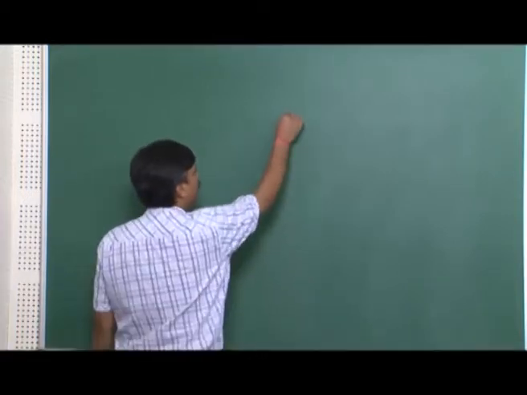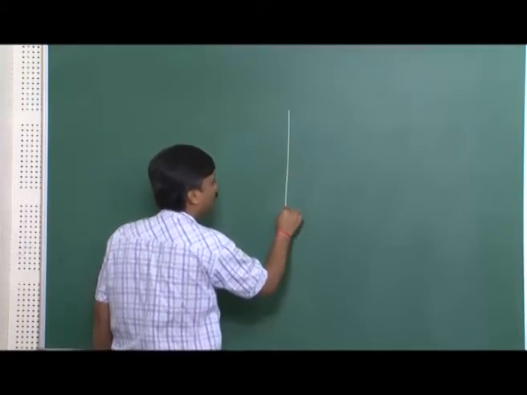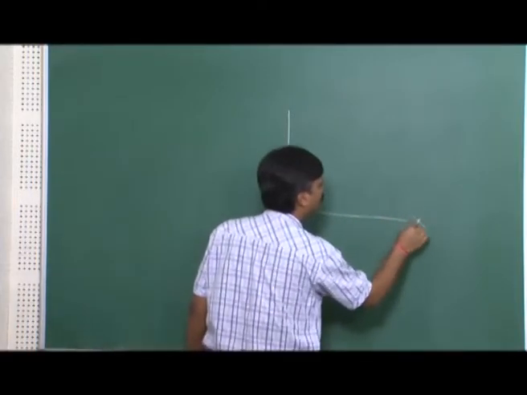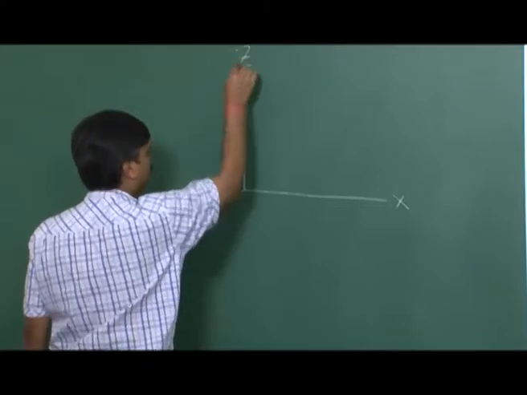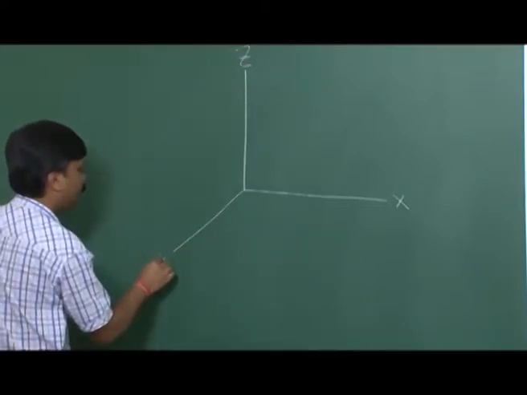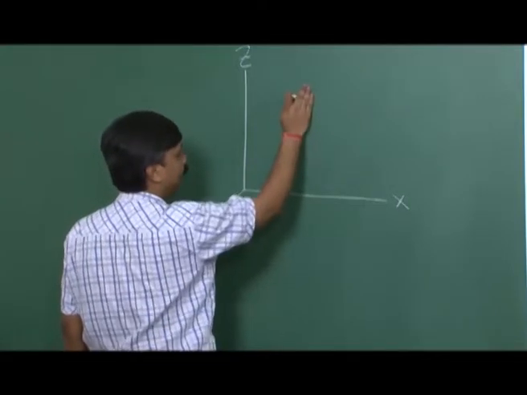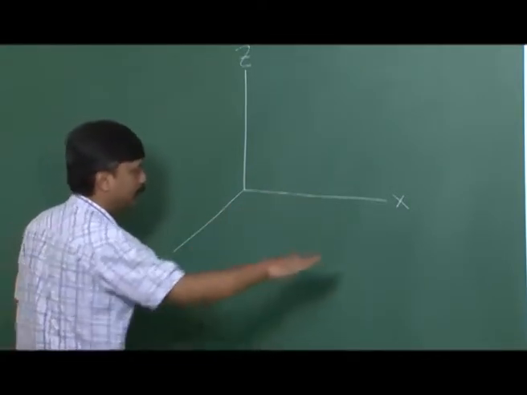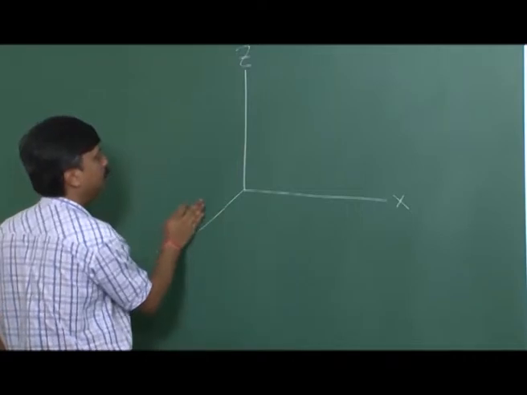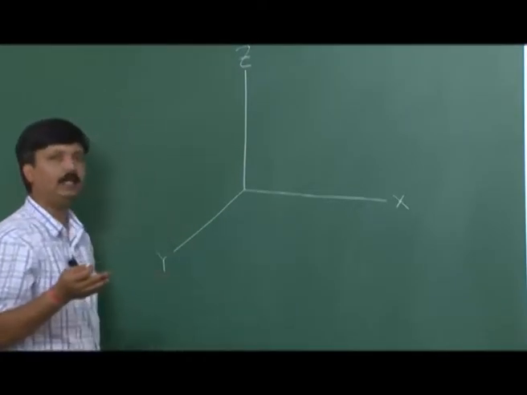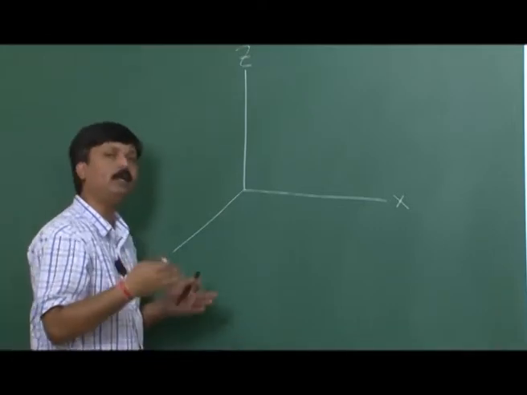So suppose I have my coordinate system given like this. So this is my xz plane, okay, and this is my xy plane, and this side it is my yz plane. Now suppose I take any of the given planes to be my reflection plane.